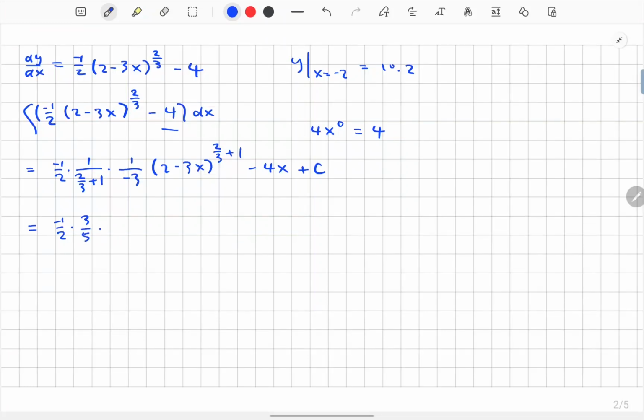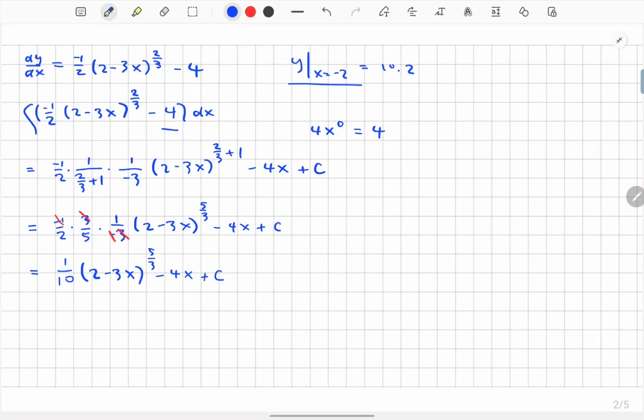This is 3 over 5, and this is negative 1/3. The 3 and 3 cancel out. The negatives cancel out. So we are left with 1 over 10 (2 minus 3x) to the power of 5 over 3 minus 4x plus c.